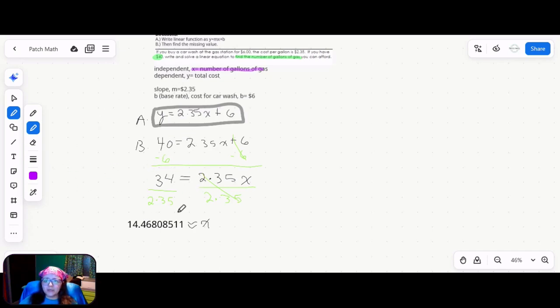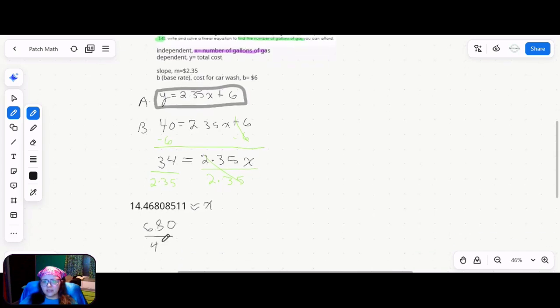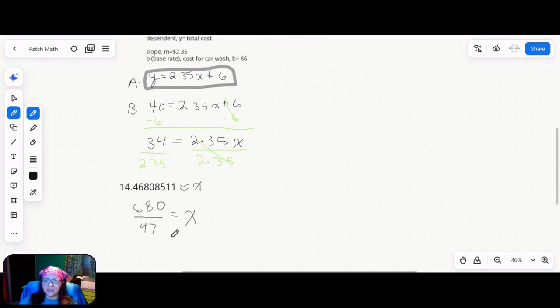If you want to write it precise as a fraction, because honestly, precision is best, it's harder to see how many gallons we have in an improper fraction form. So this is actually a decimal that repeats at some point, or ends, because we're able to write it as a fraction.